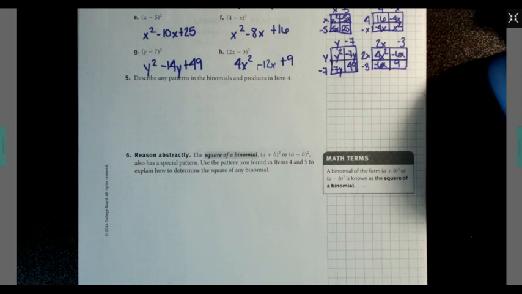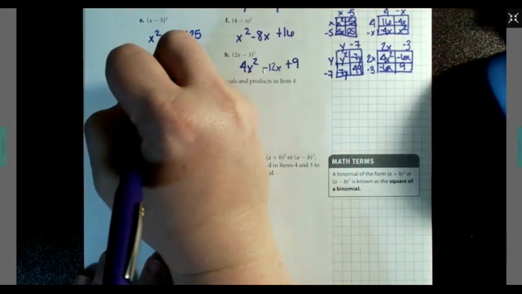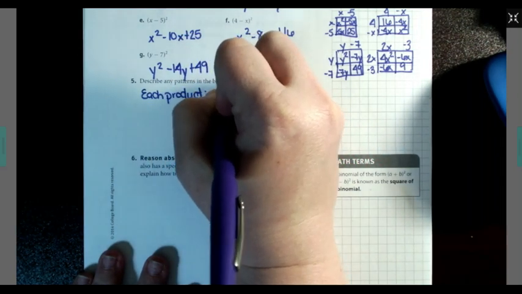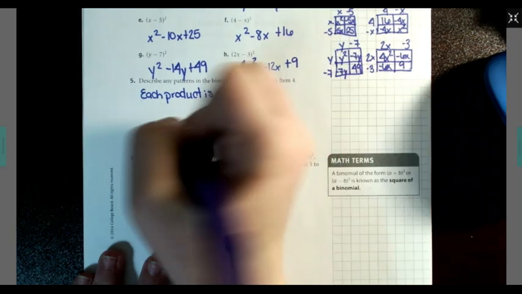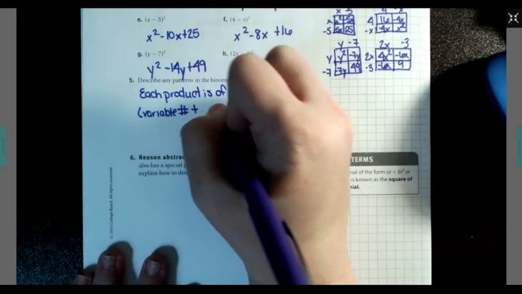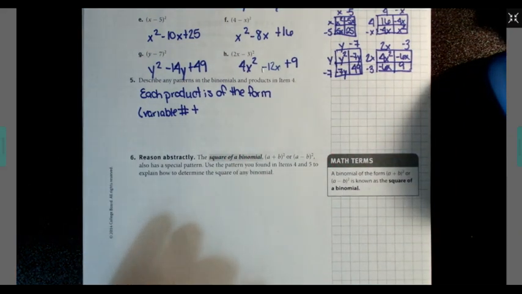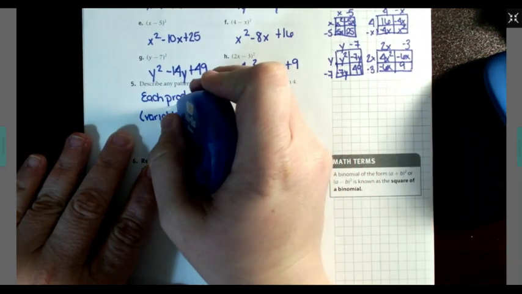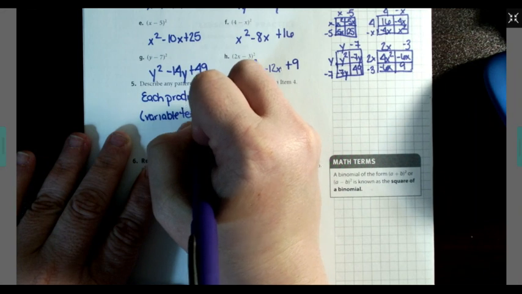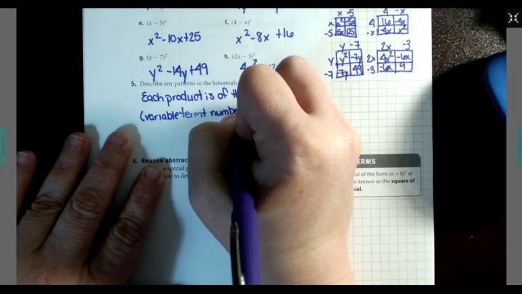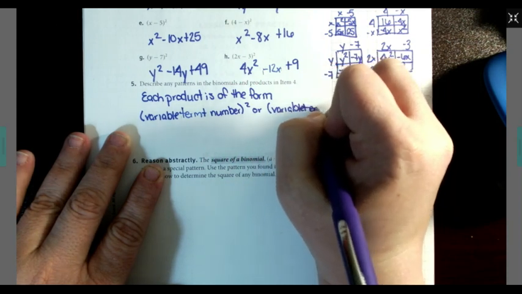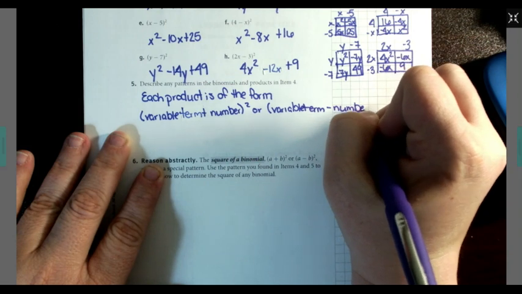Well, notice that each binomial is of the form variable term plus number, squared, or variable term minus number, squared.